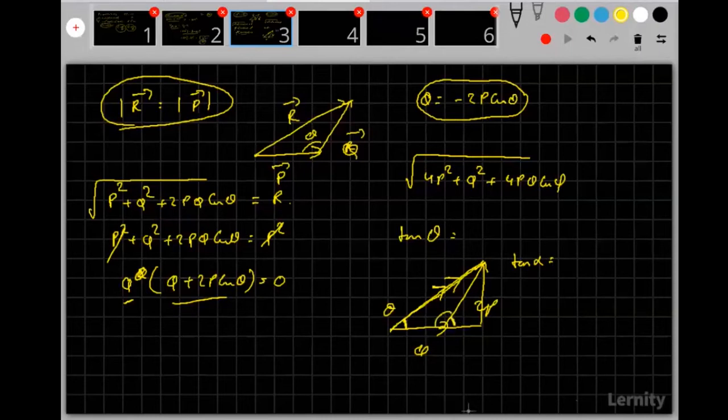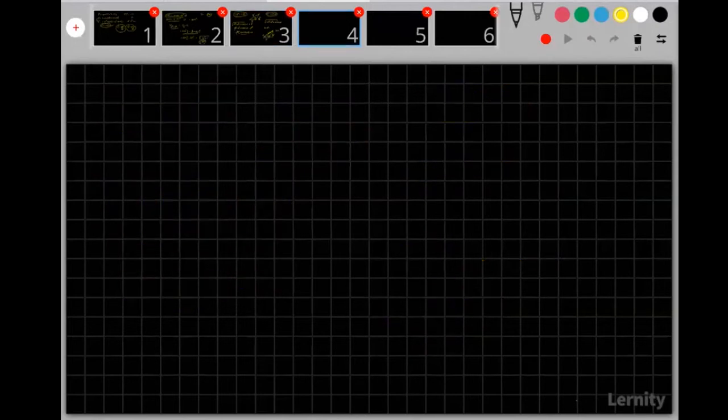Initially this was angle theta. We have a vector P, a vector Q, and the sum of the two vectors, P vector plus Q vector. Now this angle is theta.